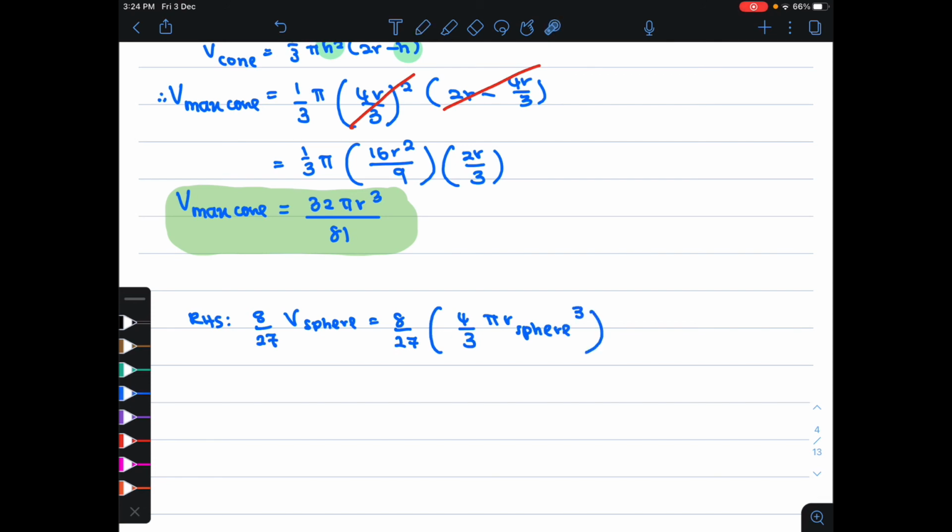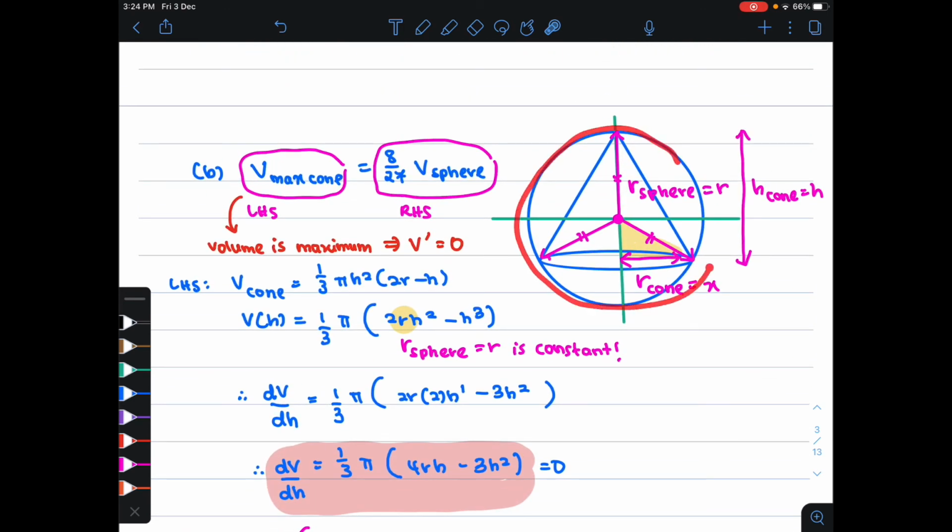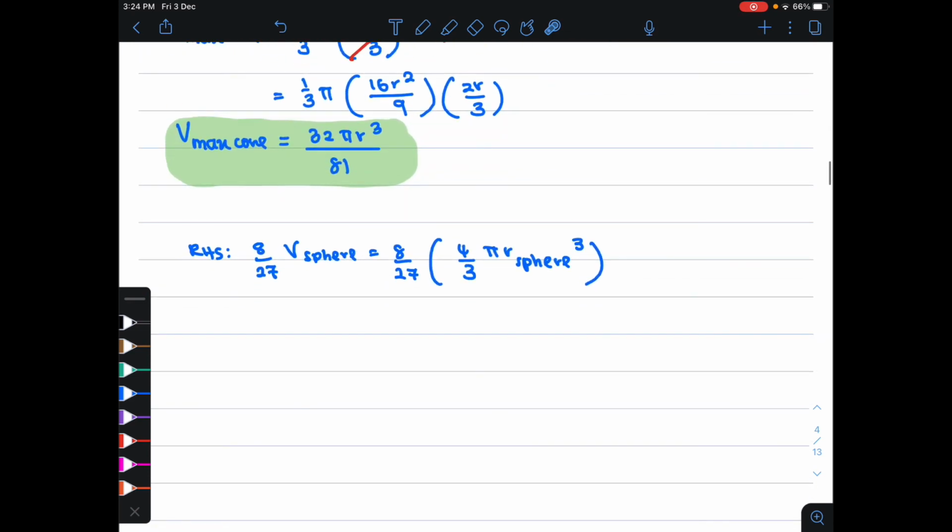Okay, and we know that for the sphere, radius of sphere is R. So, this is just R. Okay, so just simplify. You do not need to differentiate anything. You just simplify. So, you'll get 8 times 4 times pi R cube is 32 pi R cube. For the denominator, you have 27 times 3, which is 81.